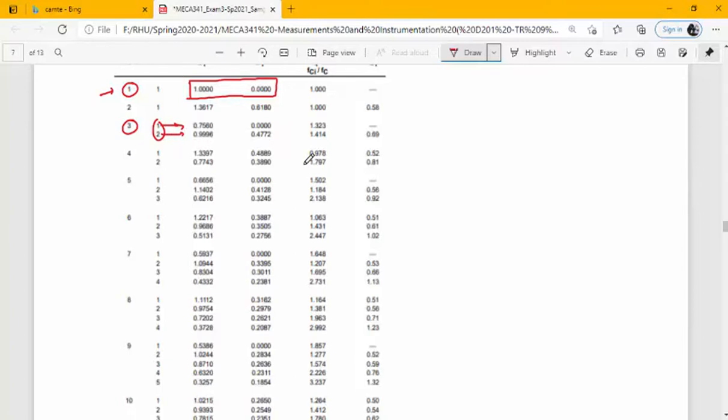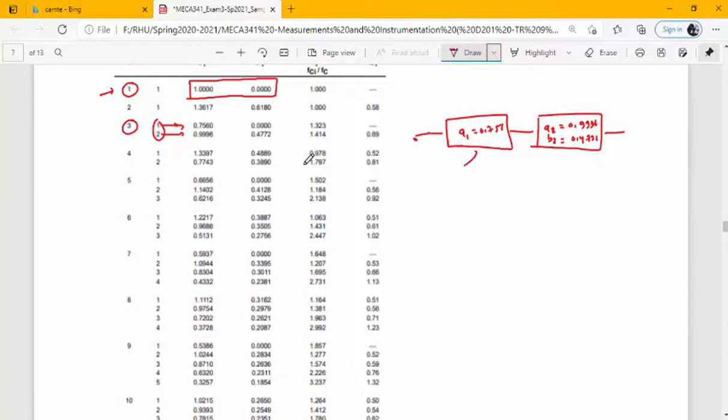So we have the first one as A1 equal to 0.756, and the second filter as A2 equal to 0.9996, B2 equal to 0.4772, and we solve for the capacitors and resistors, the components of the filter.